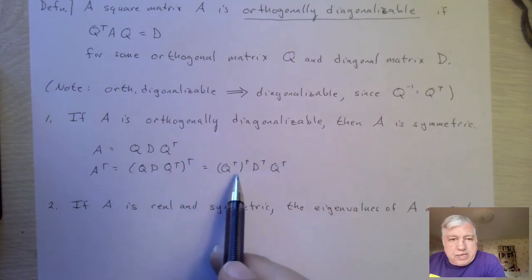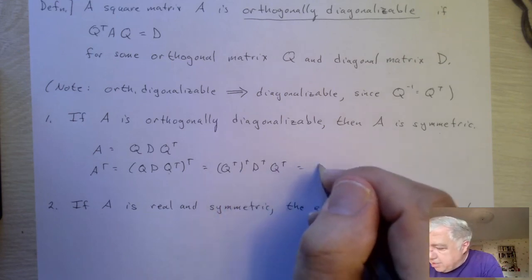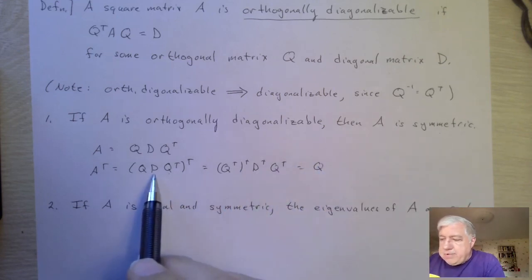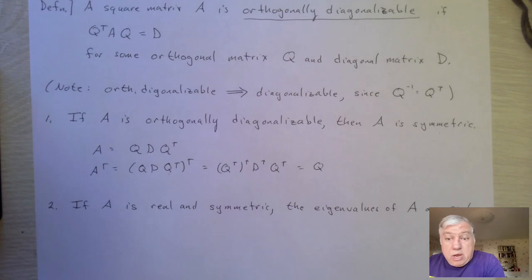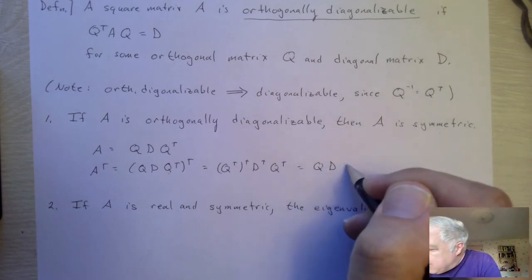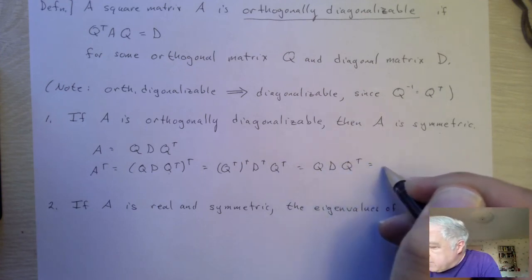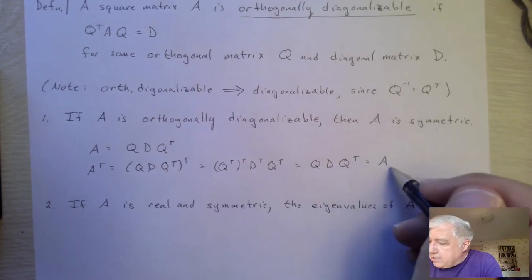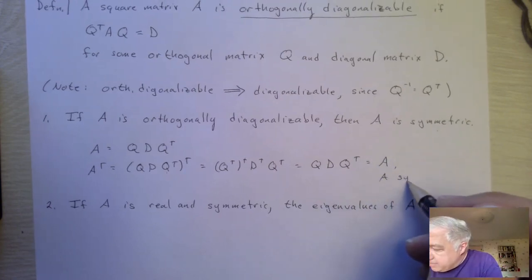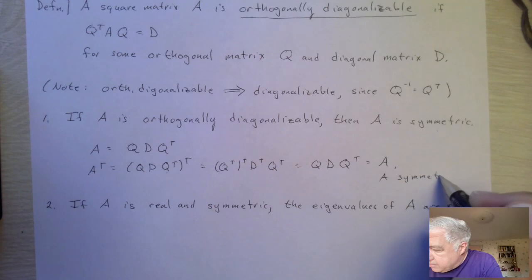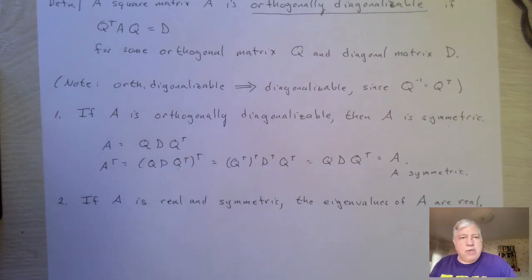And we know the transpose of Q transpose is just Q. If D is a diagonal matrix, it's equal to its transpose because everything off the diagonal is 0. So this is Q, this is D, and this is Q transpose. So this is A. Okay, so A is symmetric. So that was easy.